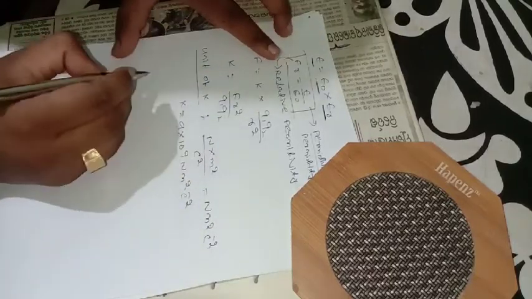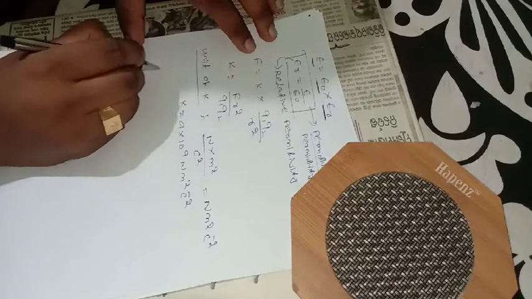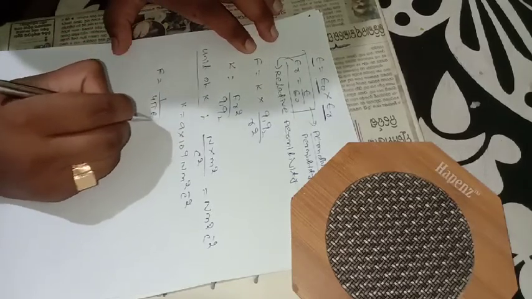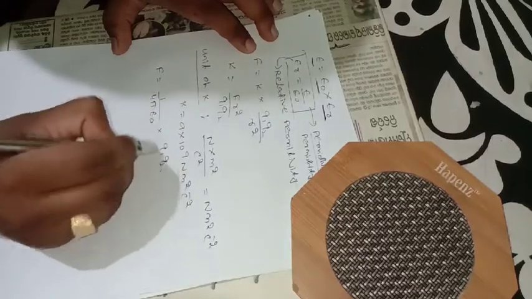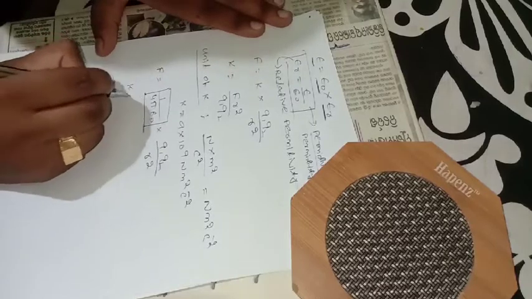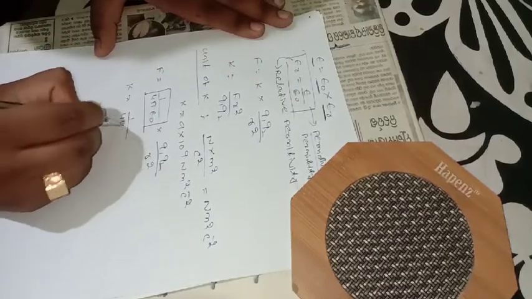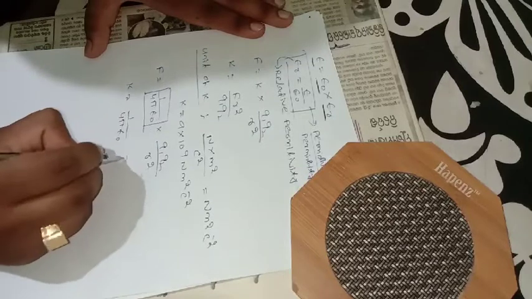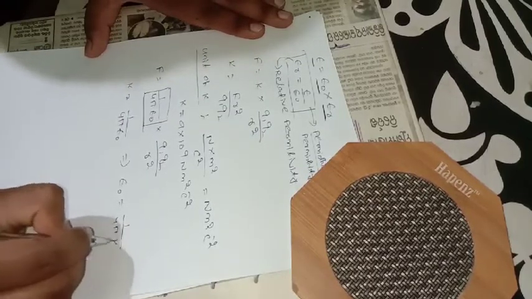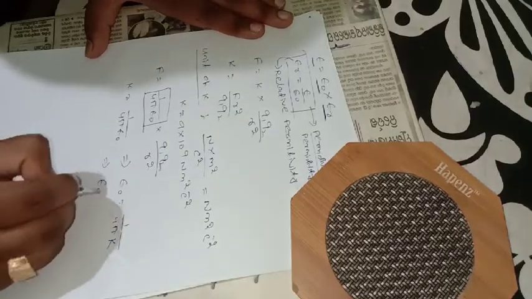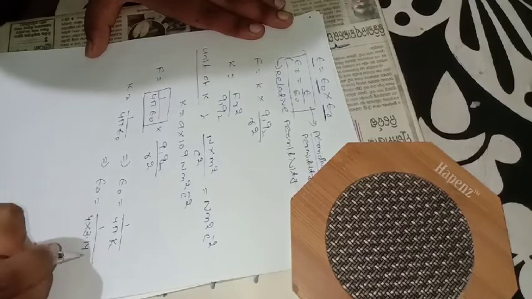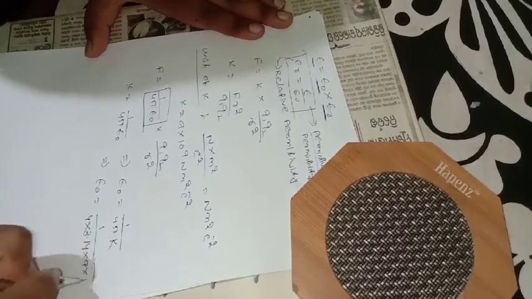And epsilon 0, how will I get epsilon 0? See, we know that F is equal to 1 by 4 pi epsilon 0 into Q1 Q2 by R square. This is K. So I can say K is equal to 1 by 4 pi epsilon 0. Solve it, so epsilon 0 is equal to 1 by 4 pi K. 4 pi means, you know, 3.14 into 4, and K is 9 into 10 to the power 9.